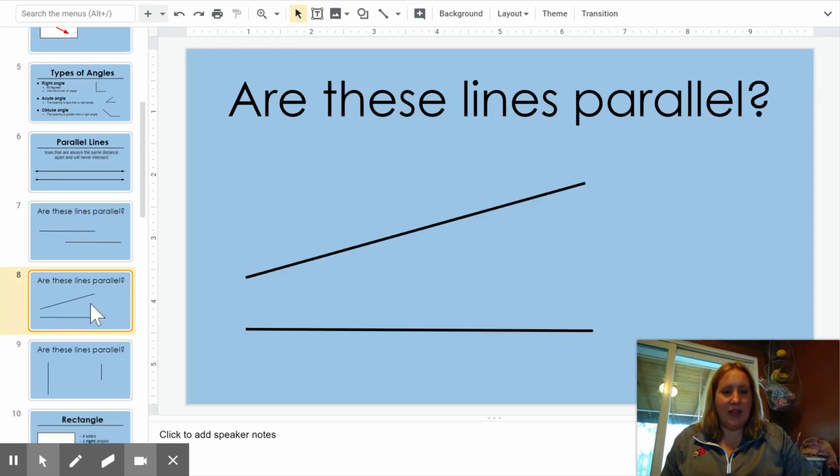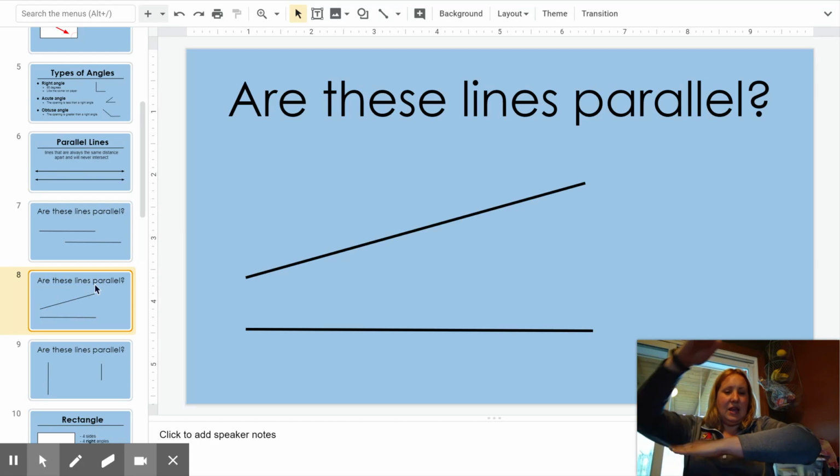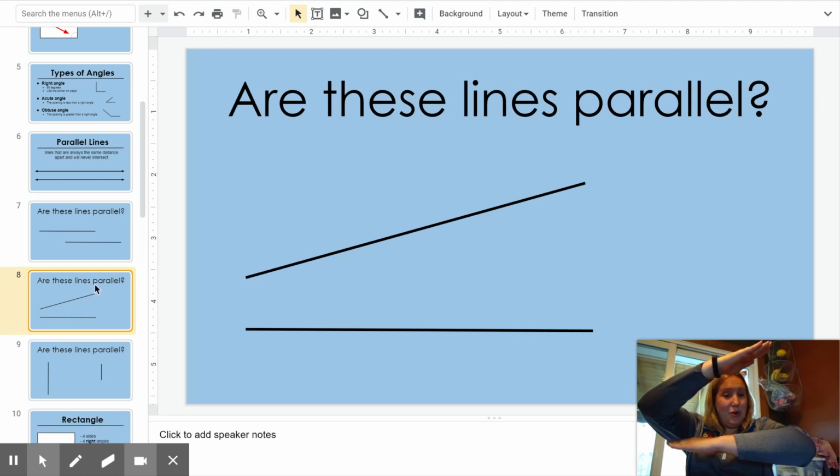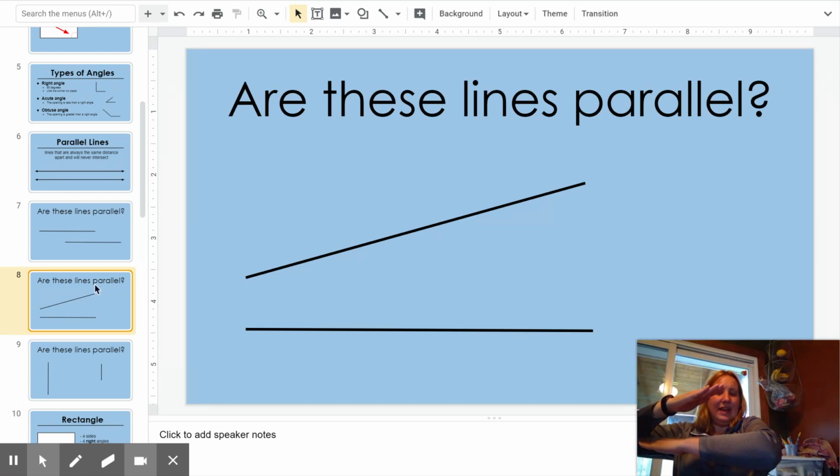How about this pair of lines? We have one kind of like this and one up here like this. Do you think those are parallel? If you said no, you're correct, because even though they're not touching yet, what would happen if they kept on going?